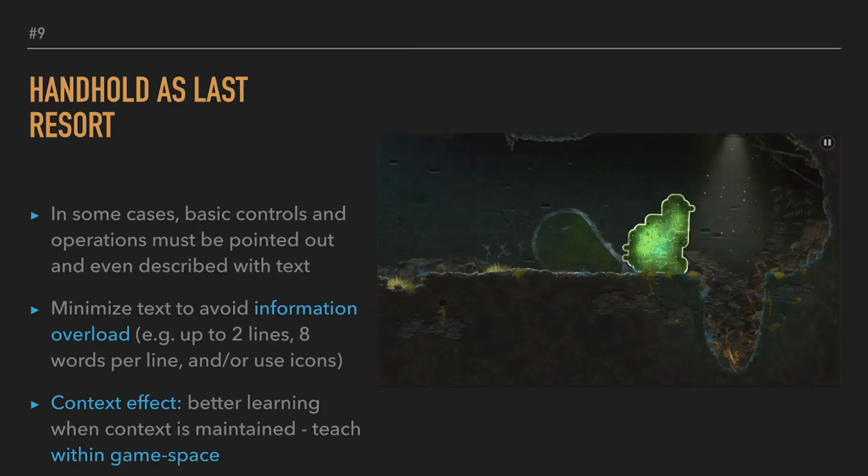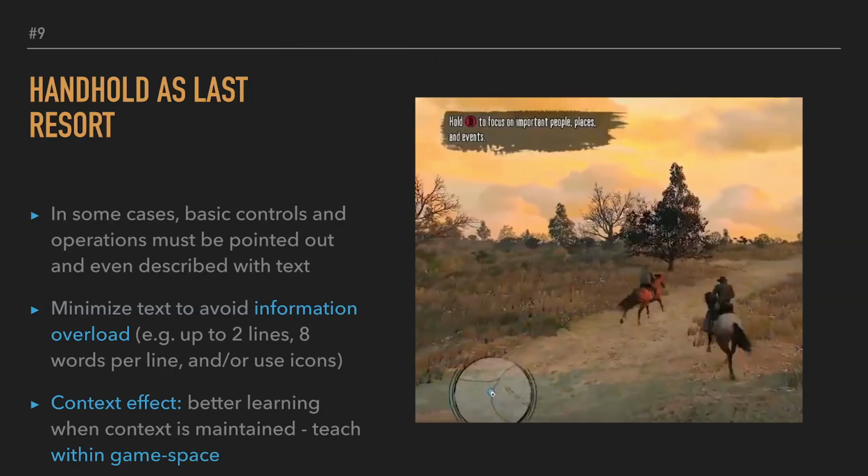Handhold as last resort. So, of course, in some cases, basic controls must be pointed out. Players cannot understand something; they don't understand how to interact. Sometimes you have to describe it with text or pop-up. So minimize the text to avoid information overload.